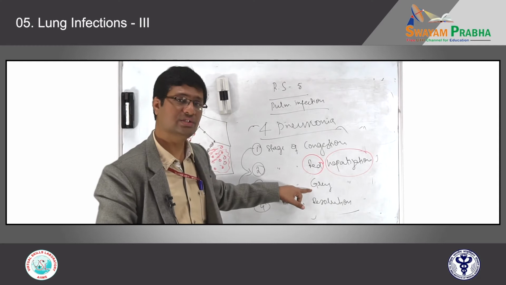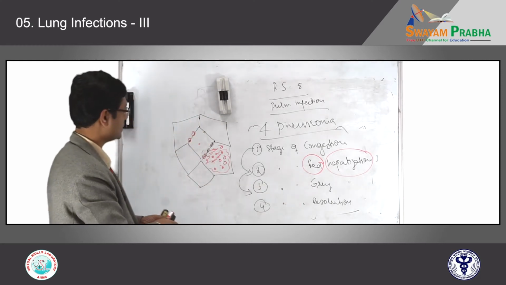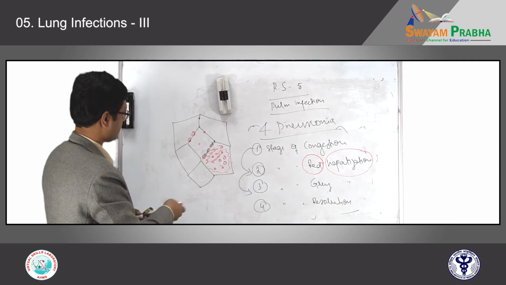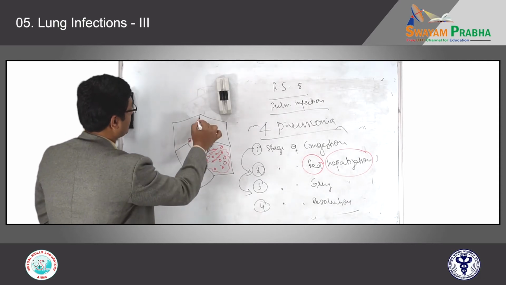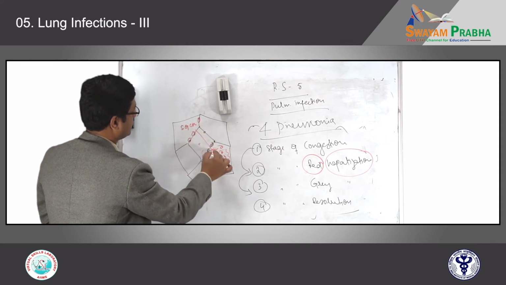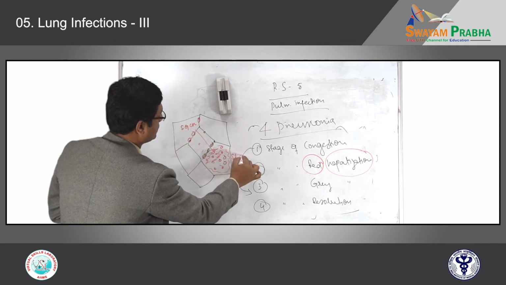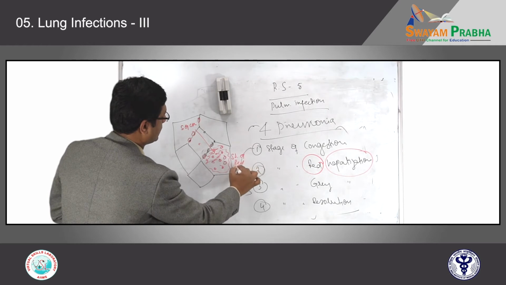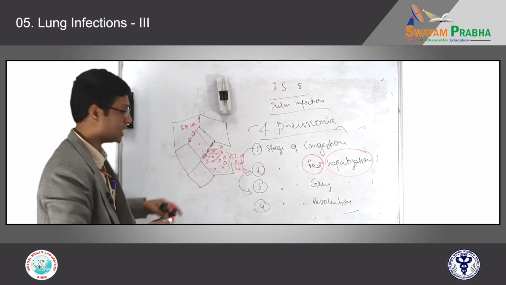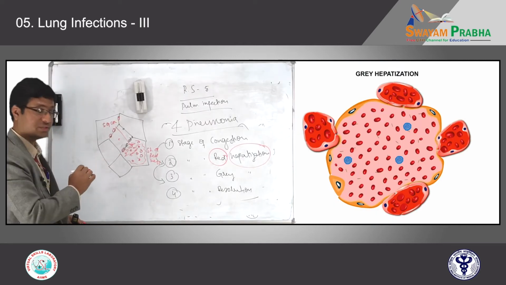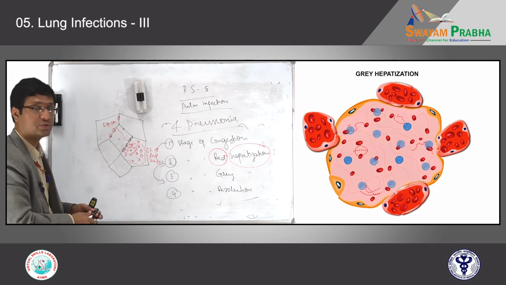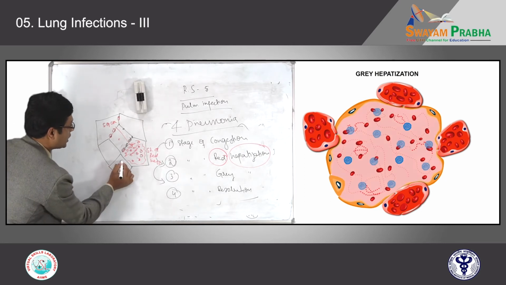When you take sections at this stage, what exactly is seen? So this is the stage of congestion. This is the stage of red hepatization. In the stage of grey hepatization, what happens? Along with the RBCs, more and more WBCs will come in. They start accumulating.